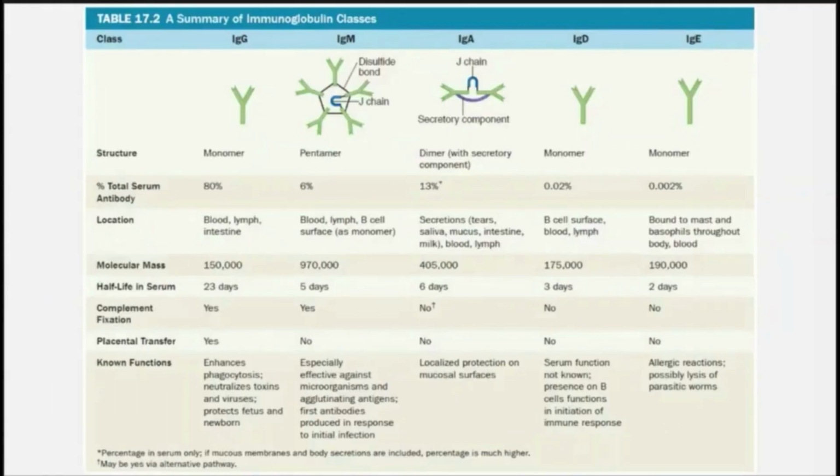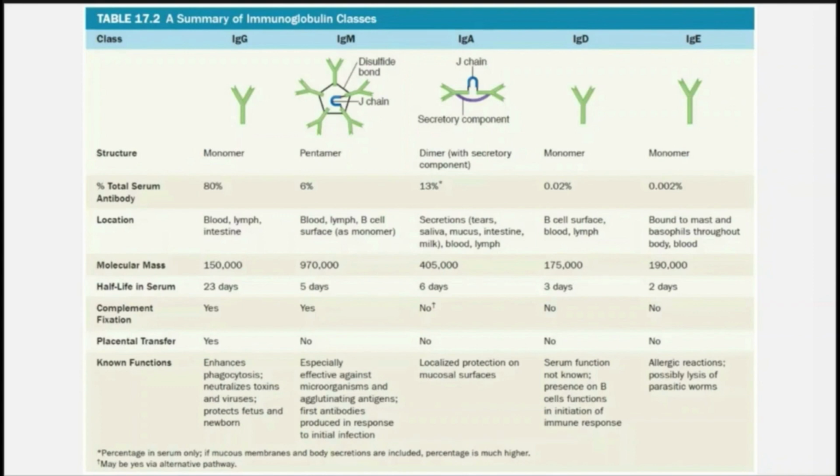And now this table is a summary of the immunoglobulin classes. Remember, the classes can be identified by looking at the stem region. Each class has its own structure, the percentage found out of the total serum antibodies, the locations it can be found, the masses, how long it lasts in blood serum, its complement fixation.